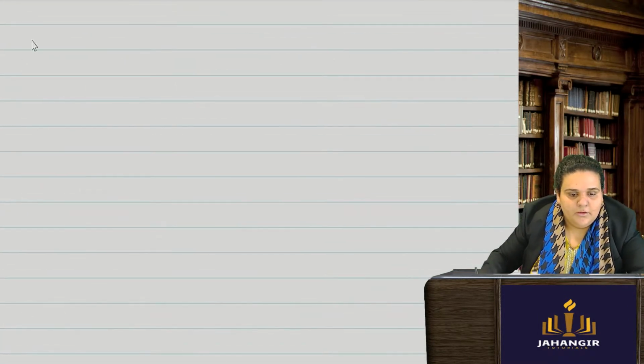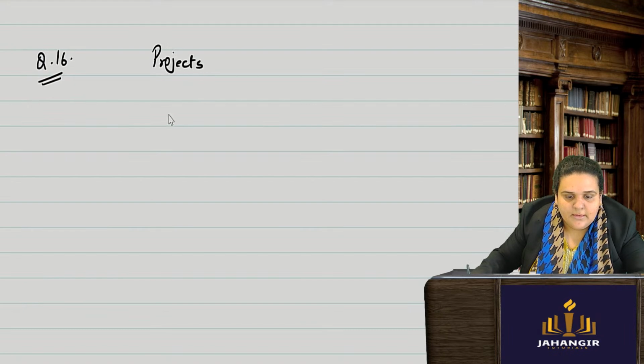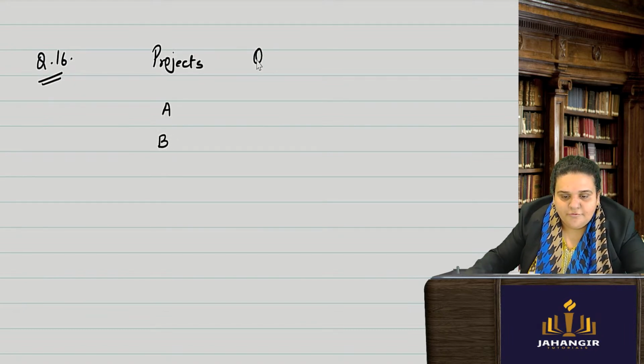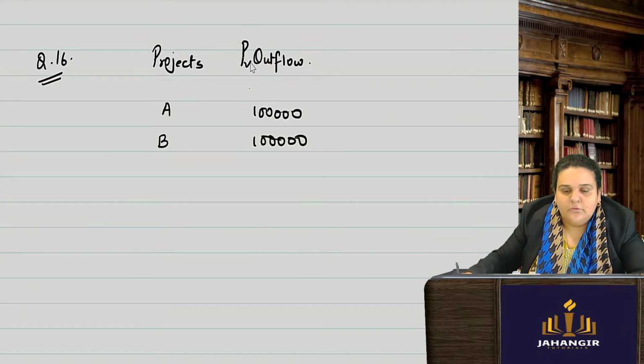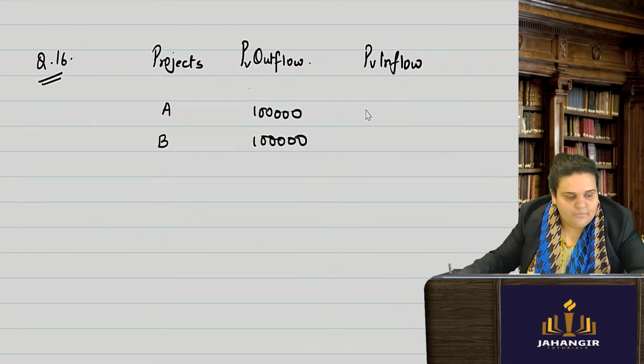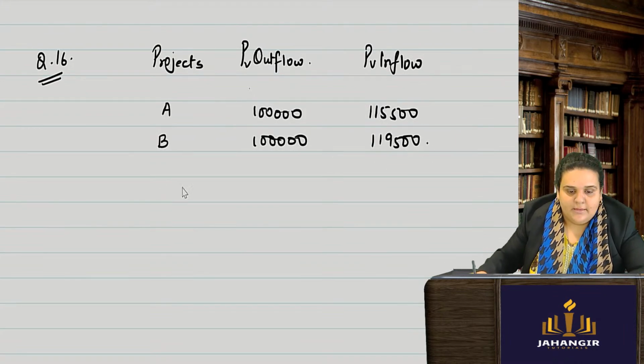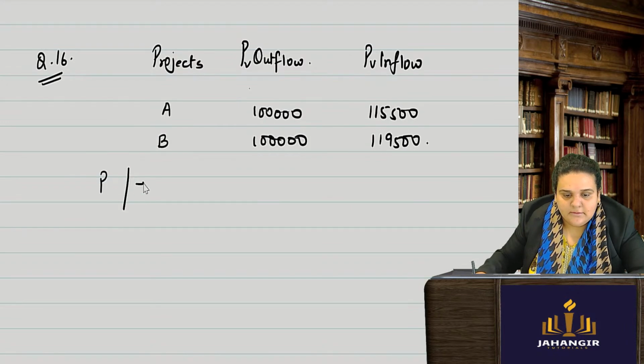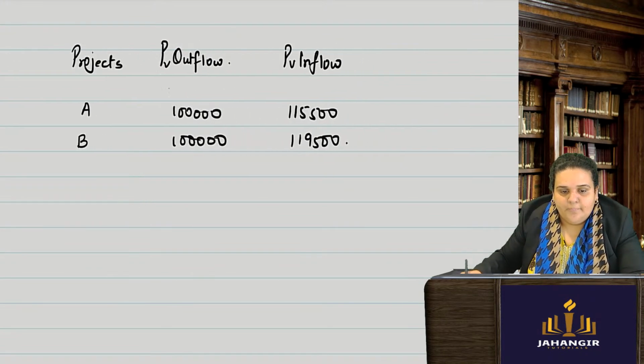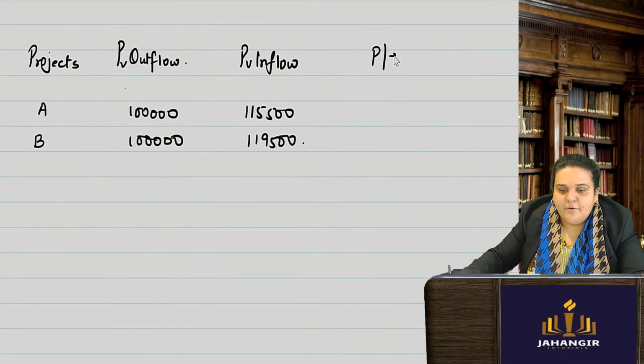Okay. Question number 16. Projects A and B. Outflow is the same, 1 lakh. Okay, PV outflow and PV inflow. Present value they have directly given me: 1,15,500 for A and 1,19,500 for B. Therefore, profitability index, I will do it here in the form of a chart. Profitability index formula is what?